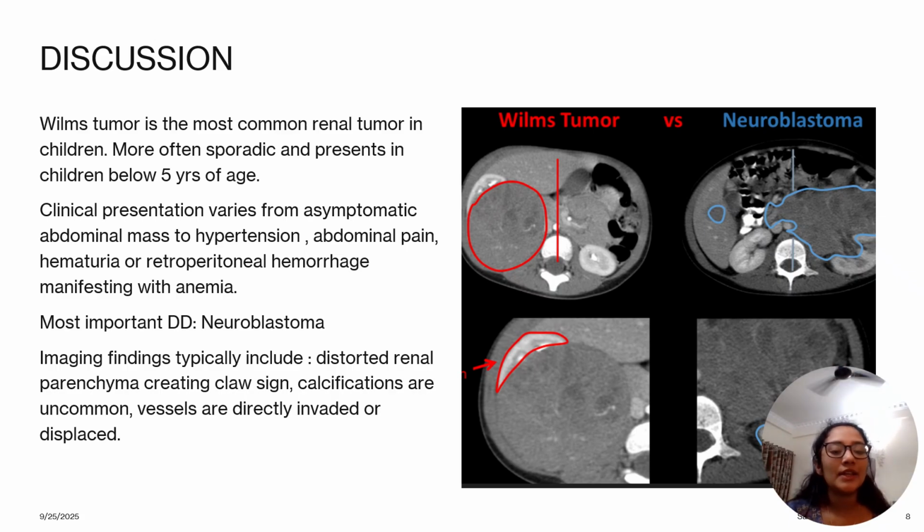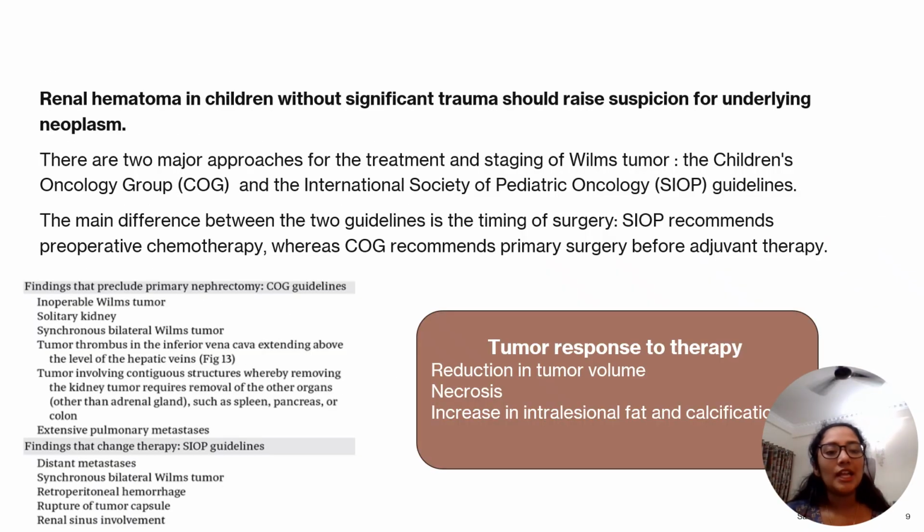Imaging findings typically include distorted renal parenchyma creating claw sign, as can be seen over here. Calcifications are very uncommon, and vessels are usually directly invaded or displaced by Wilms tumor, frequently involving the renal vein and inferior vena cava. So, renal hematoma in children without significant trauma should raise suspicion of underlying neoplasm.